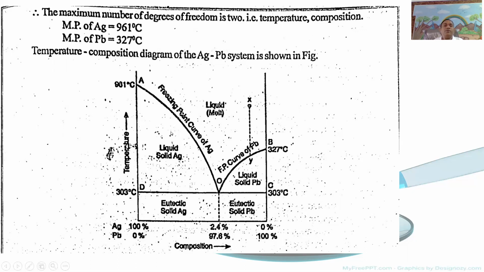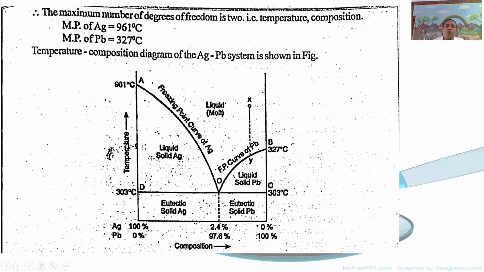Here in the phase diagram of the silver lead system, the AO curve shows the freezing point curve of silver, and the BO curve shows the freezing point curve of lead. While we move from A to O, the silver percentage gradually decreases and the lead percentage increases. Similarly, while moving from B to O, the lead percentage gradually decreases and the silver percentage gradually increases.